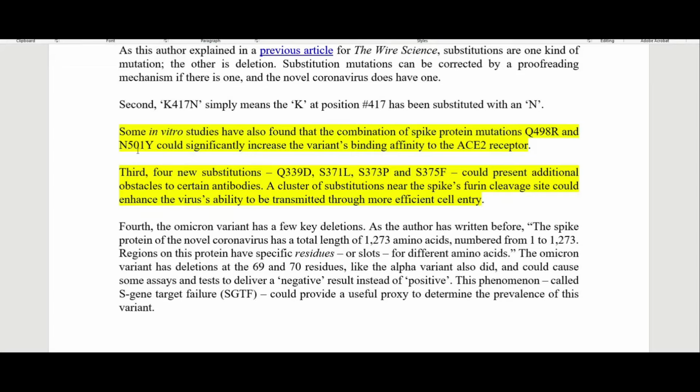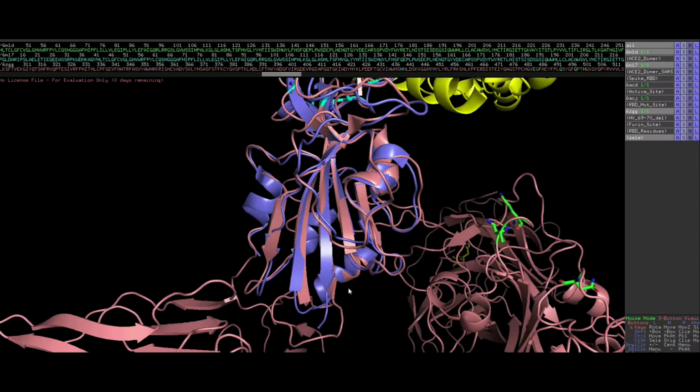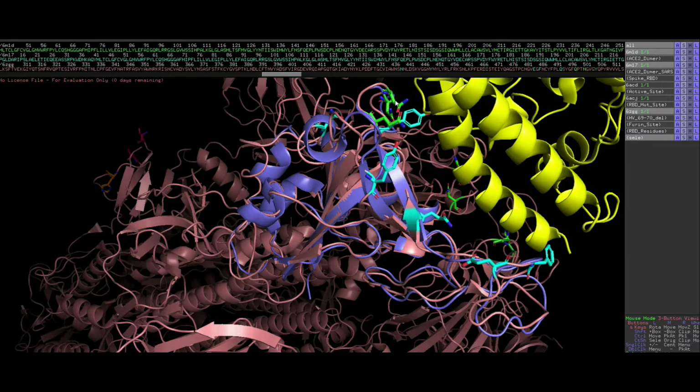All right, so down here, some in vitro studies have also found that the combination of spike protein mutations Q498R and N501Y could significantly increase the variant's binding affinity to the ACE2 receptor. The Q498R and the N501Y are the ones I was showing up here in green.